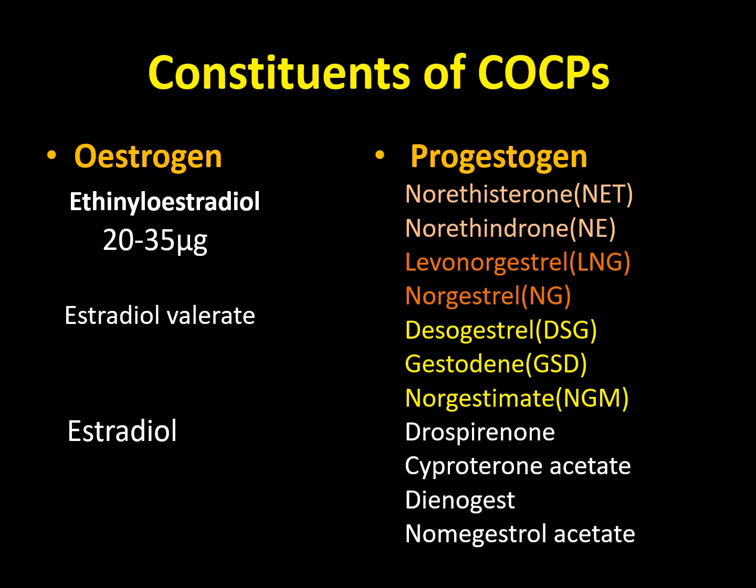Combined oral contraceptive pills are composed of estrogen and a progestogen. In 1961, the combined oral contraceptive pills which were marketed contained a relatively high dose of estrogen and progestogen, and these were associated with high risk of venous thromboembolism and other side effects such as nausea and breast tenderness.